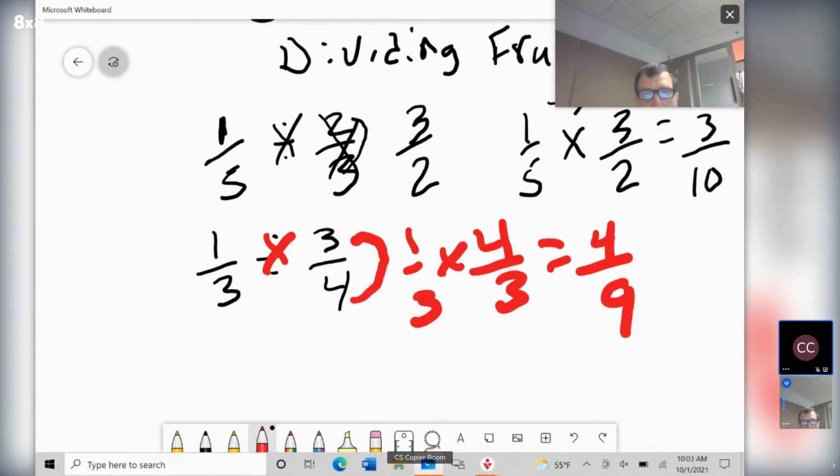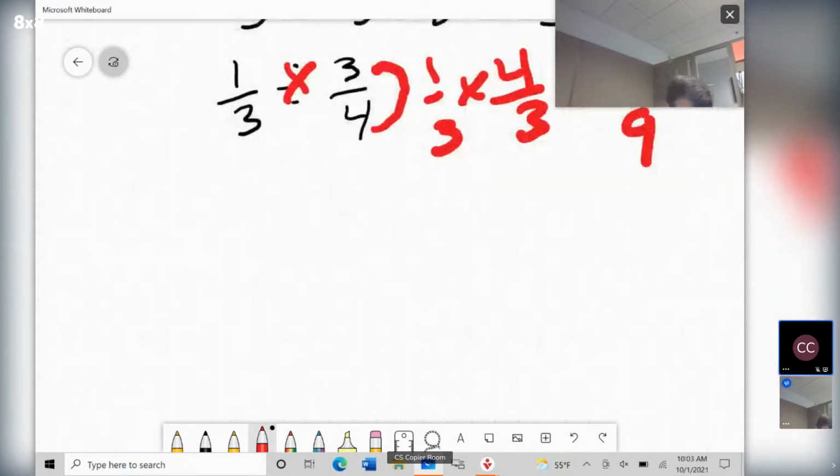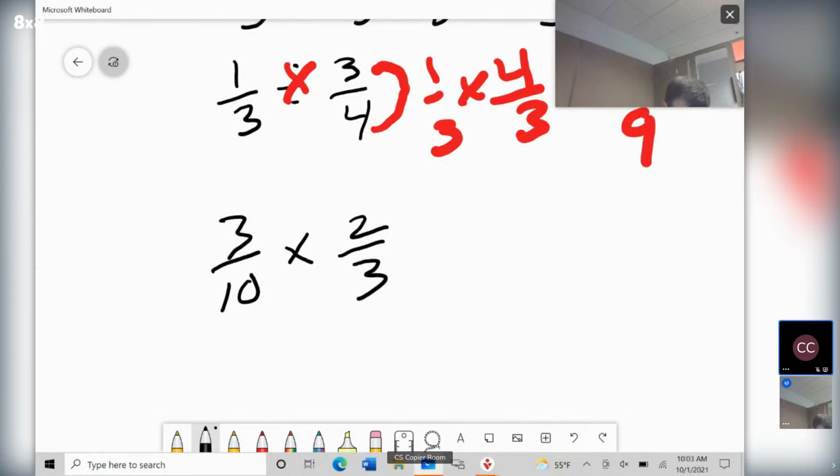Just remember, whenever you see a fraction as a division problem, what we're going to do is flip the second fraction and multiply instead of divide. So if we had 3/10 divided by 2/3, remember, we're going to flip this second fraction.